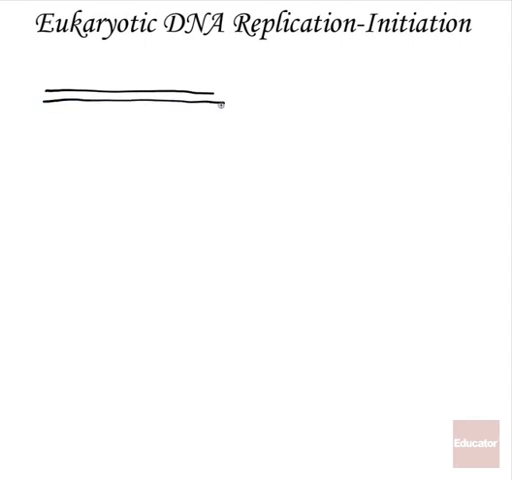The origins of replication. Now, it's important to know that our bacteria, our prokaryotes, usually have a circular genome. So our circular genome is only going to have one site, one ORI site. So that's our ORI. And replication is going to occur in both directions until it ends at a termination site down here.